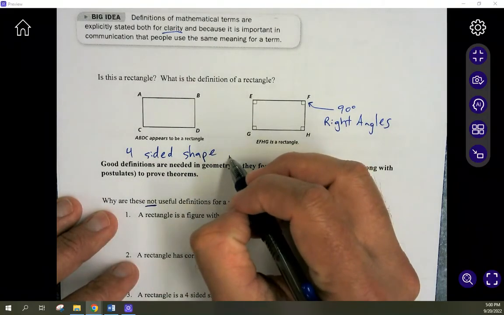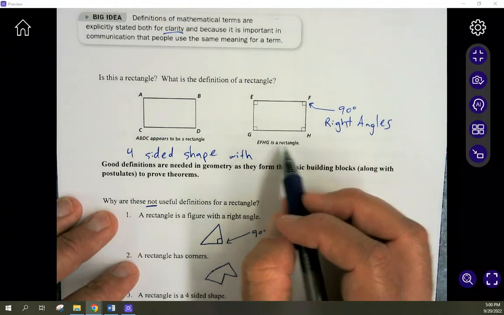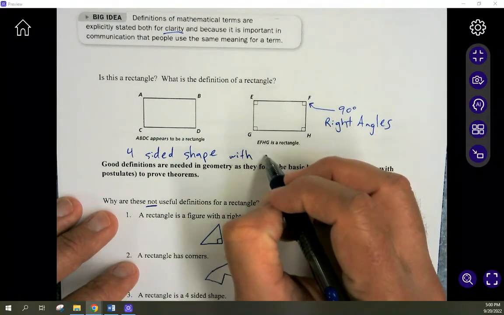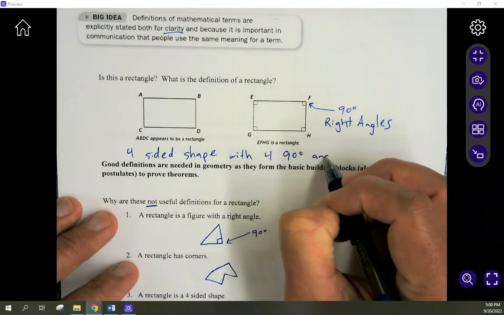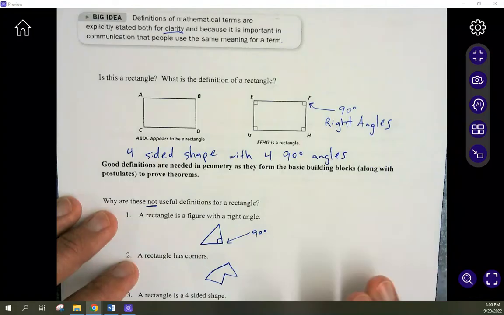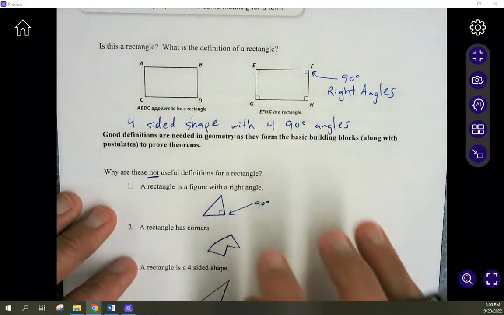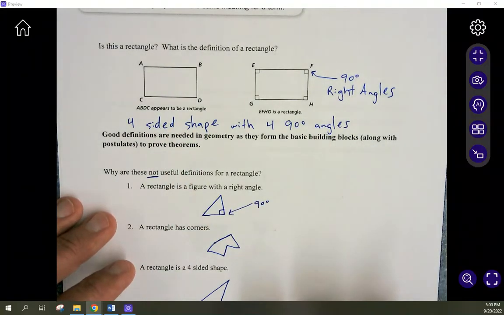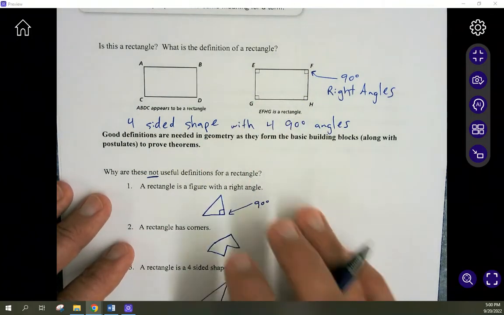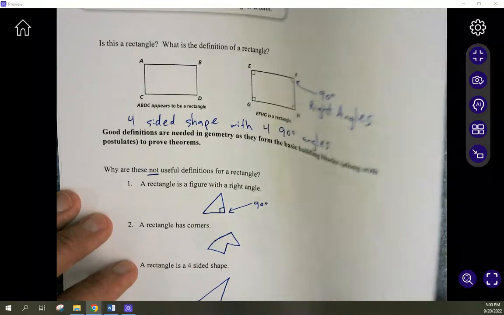It's a four-sided shape with, and this is where we fall back here, four 90-degree angles or four right angles. So that's a good definition. That defines what a rectangle is very specifically and clarifies what is a rectangle and what just appears to be a rectangle.